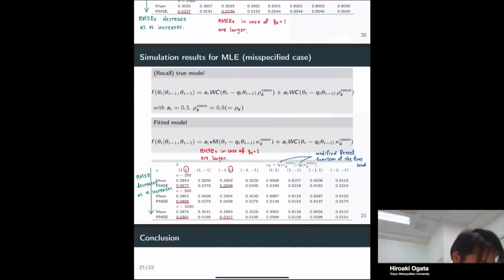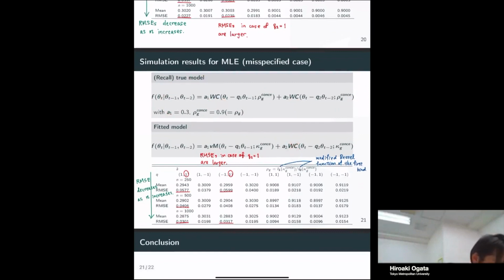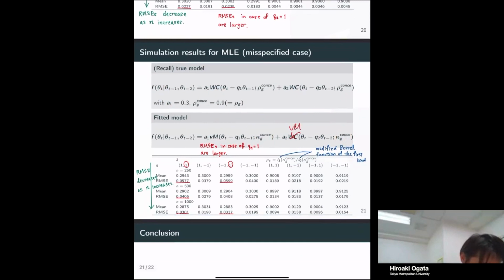And this is the misspecified case. The data generating process is this one, the same, and G is wrapped Cauchy. For the fitted model, we misspecify Z as a von Mises. Sorry, here is von Mises. For the von Mises, the concentration parameter is usually denoted by kappa, and the resultant length is denoted by this one.